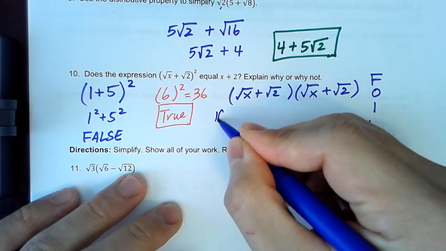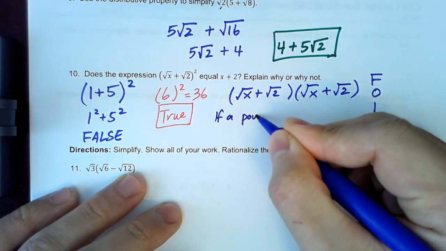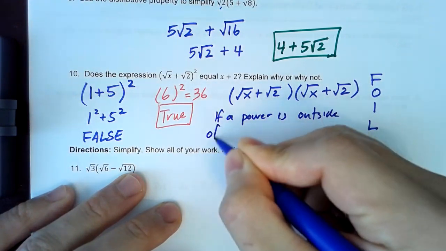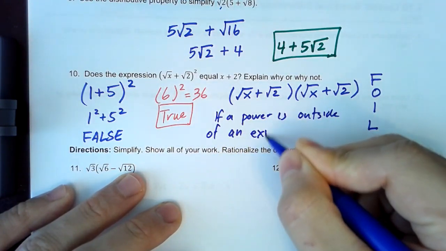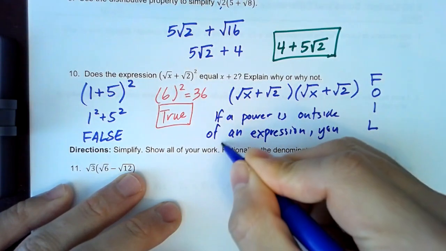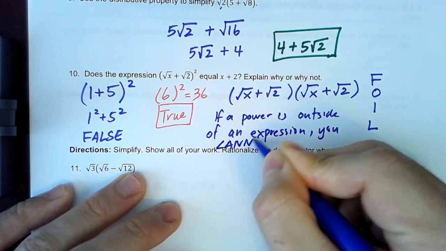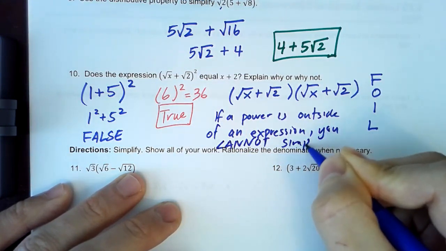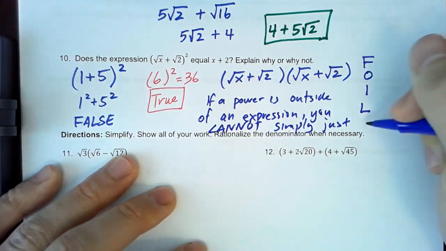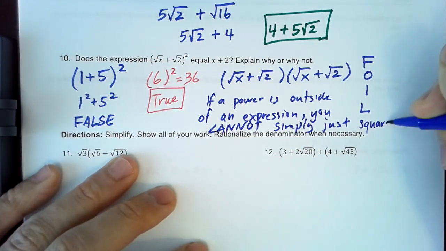So if a power is outside of an expression, you cannot simply just square each term. Okay.